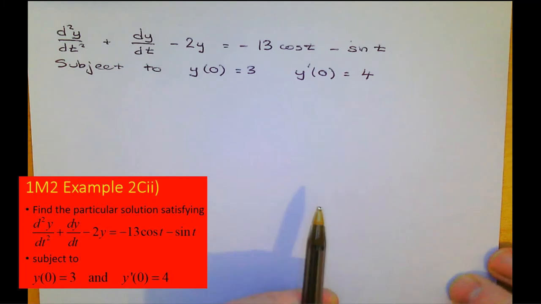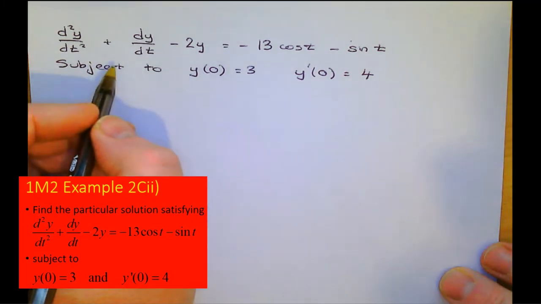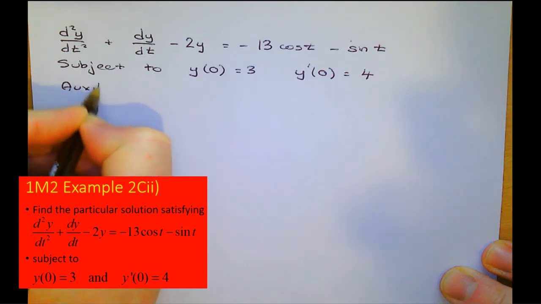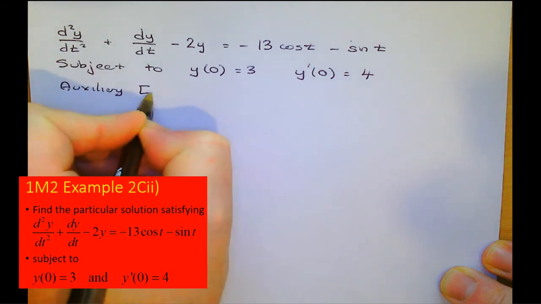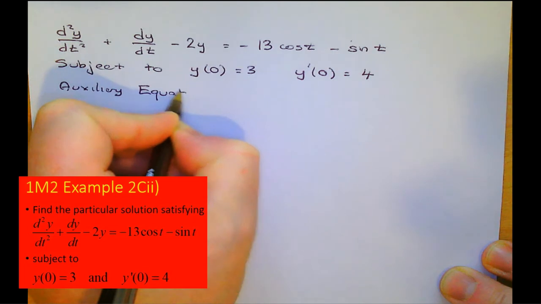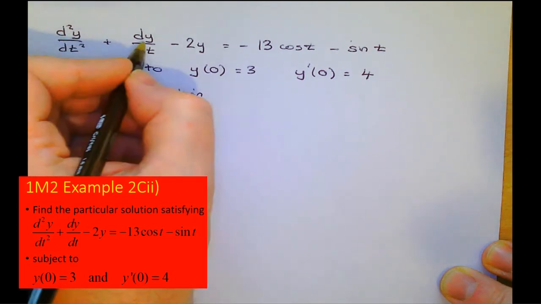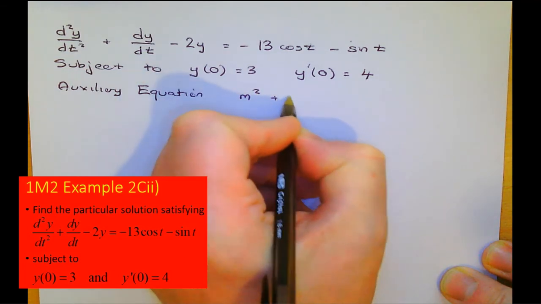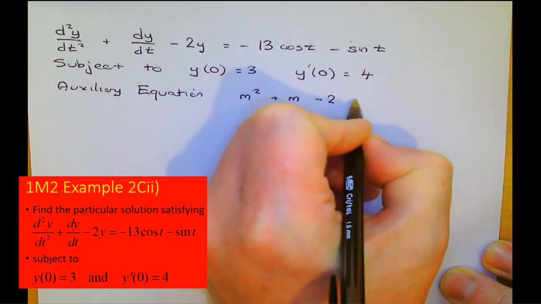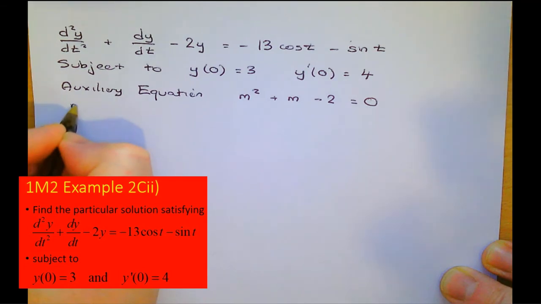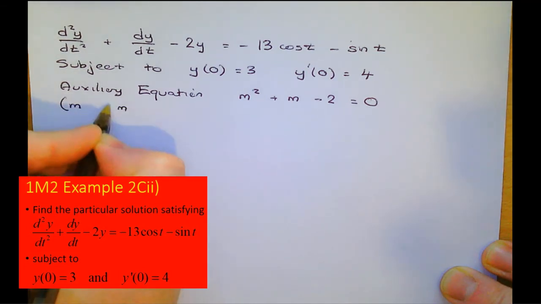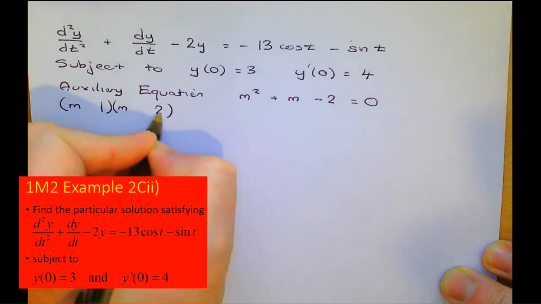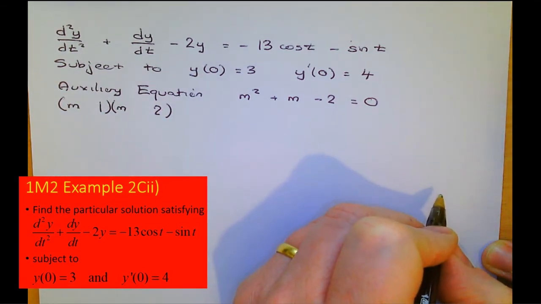Finding firstly the homogeneous solution involves the auxiliary equation. m squared plus m minus 2 is equal to 0. Well, it factorizes, involving a 1 and a 2.